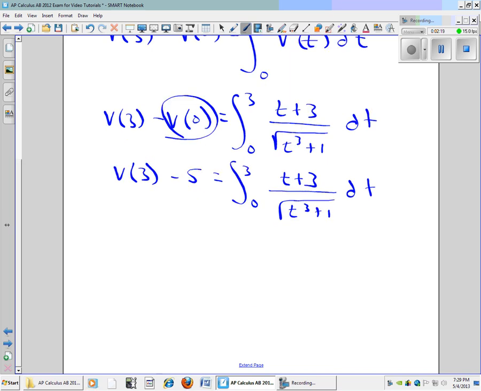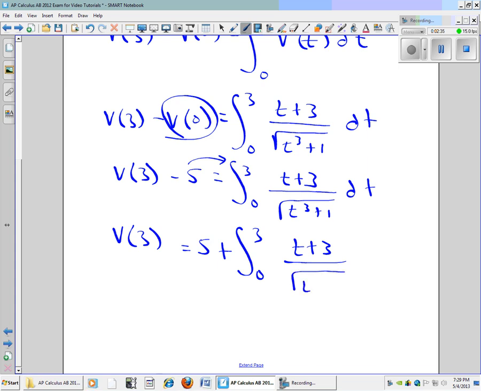And we can add the 5 to both sides, and that will give us the velocity at time t equals 3 as being equal to 5 plus the integral from 0 to 3 of the quantity of t plus 3 divided by the square root of the quantity of t cubed plus 1 dt.